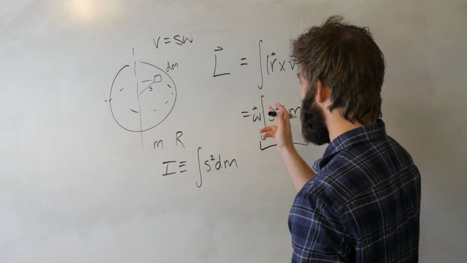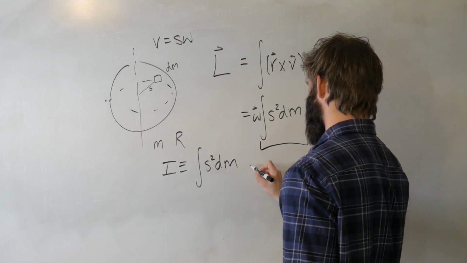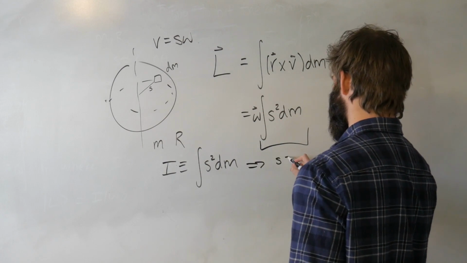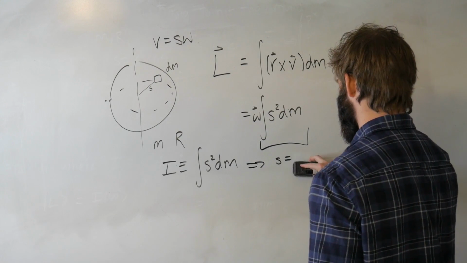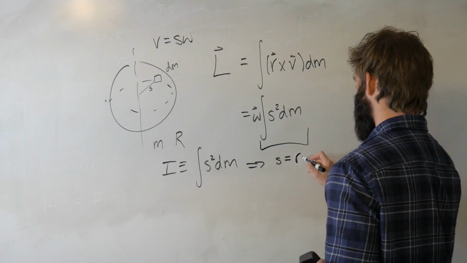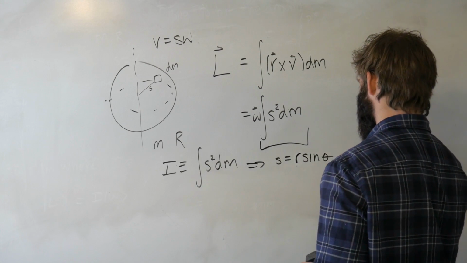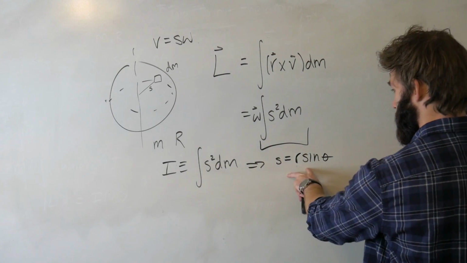Well, if it's some angle from the z-axis, say, then we can say that s, let's make that a little r, is equal to r sine theta, right? And we can substitute this in.